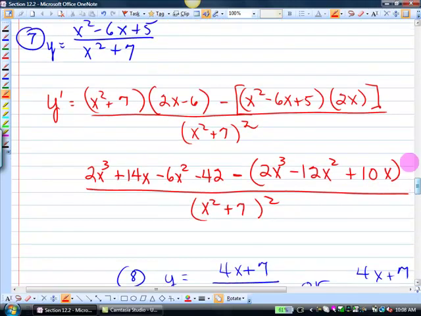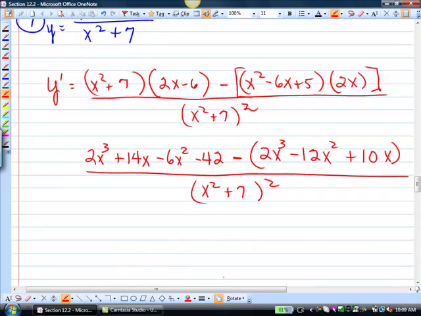If you catch me where I've made an error, please feel free to tell me. Okay, so those x cubes are going to go away. I'll just write it one more time.